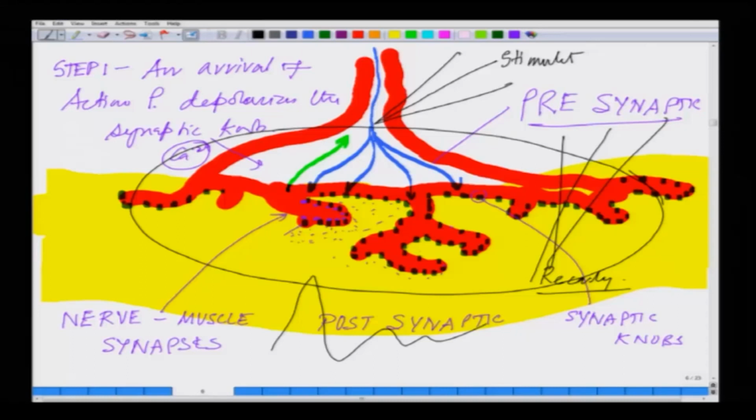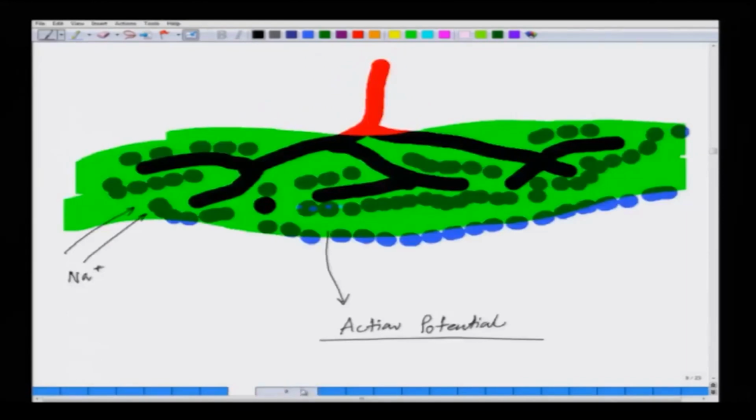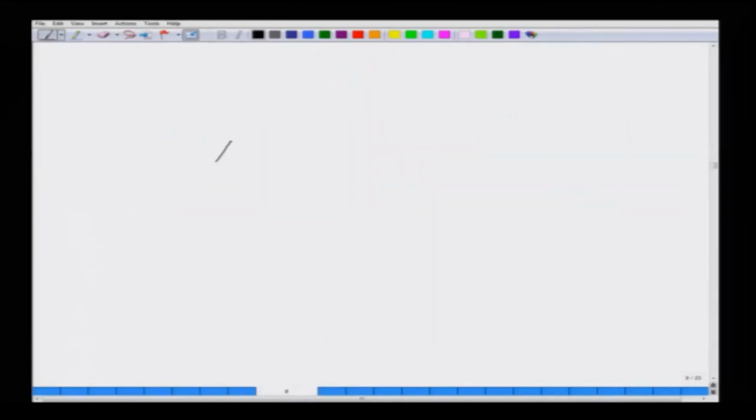So, one of the things that happens when acetylcholine is being secreted: acetylcholine binds, but very soon, pretty much at the same time, the acetylcholine has to be degraded out. So, the acetylcholine which is secreted is being degraded out as choline and acetate.